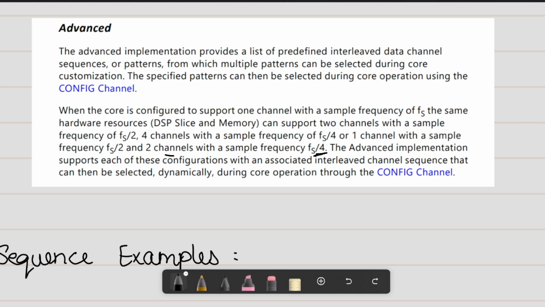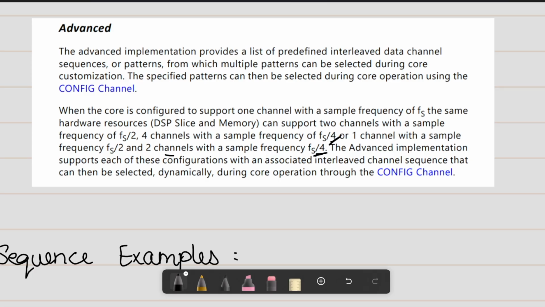The core, while being configured, generally supports one channel with sample frequency of fs. But with the same hardware resources, I can now support two channels with each channel working at fs by 2. Similarly, 4 channels can be supported if the sample frequency drops down to fs by 4.